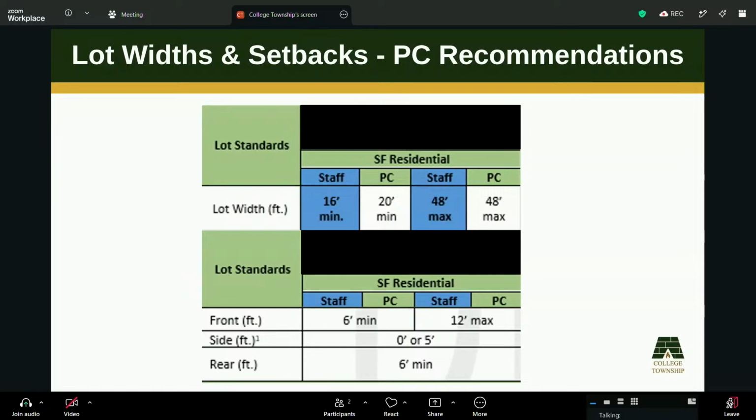So what we're going to do is go through each of these columns and look at the different options that we have and discuss. We've seen all of this before in the work session.